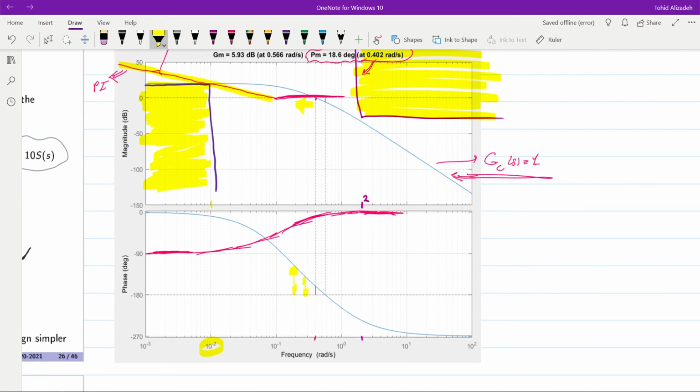And since one of the requirements here is to keep the crossover frequency bigger than 0.2, we can try to make the crossover frequency equal to 0.2, or just a little bit bigger than that, in order to make the phase margin the biggest possible value.